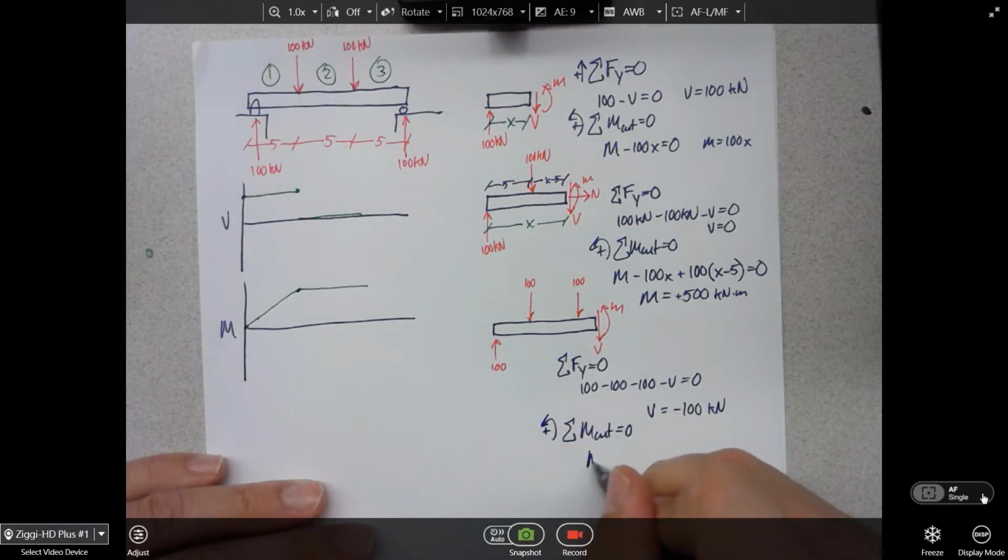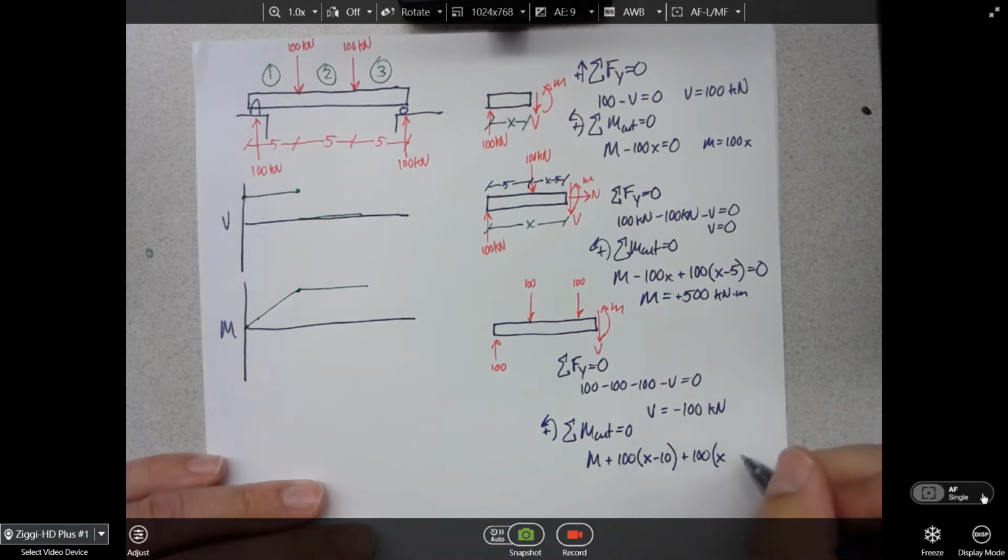So we'll have the moment about the cut plus 100 times (x minus 10) plus 100 (x minus 5) minus 100x, right? Equals 0.